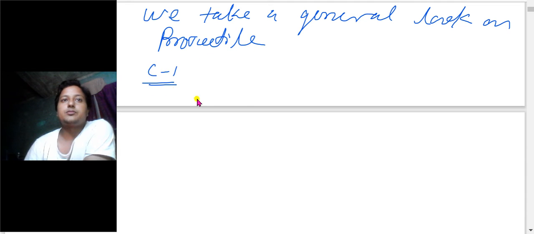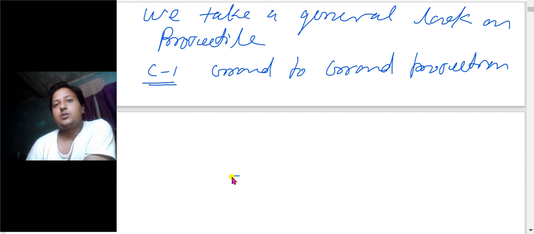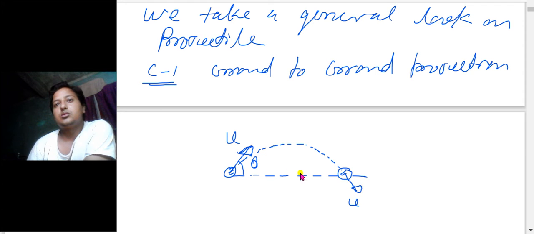Case number 1. Ground to ground projection. In ground to ground projection, we have the earth surface and a projectile is projected with a speed u at an angle theta. So the body goes along a parabolic path. Here also the speed is u.